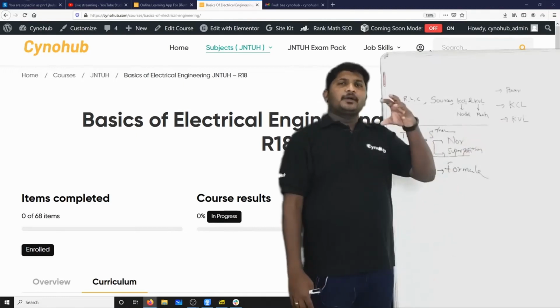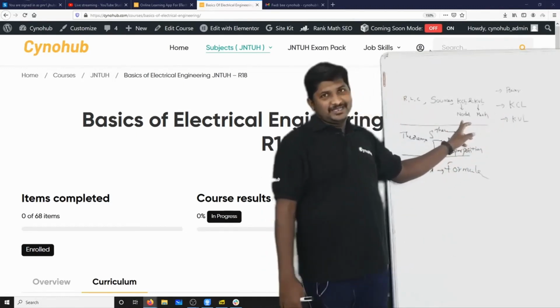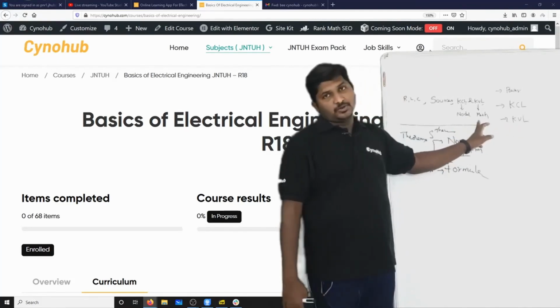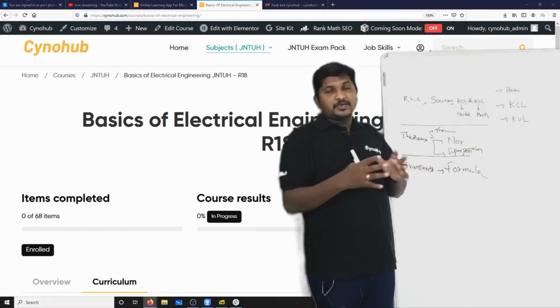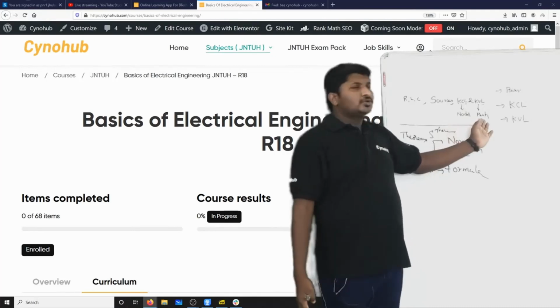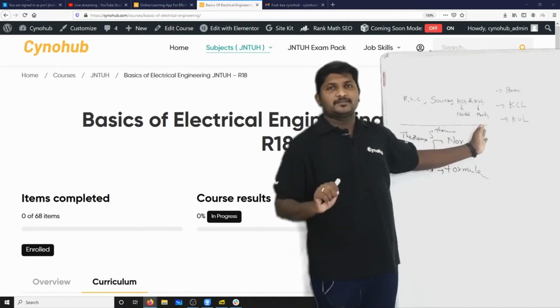Okay, if they ask to use KCL, it means use nodal analysis. Use KVL means use mesh analysis. If they didn't ask about any method, it is easy to use mesh analysis because it is a very easy method.